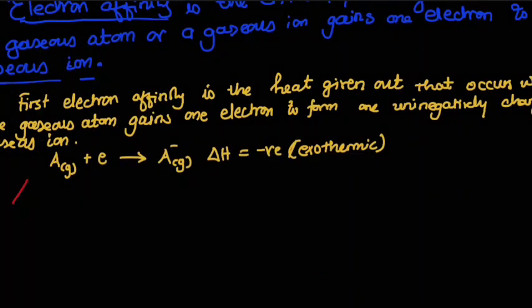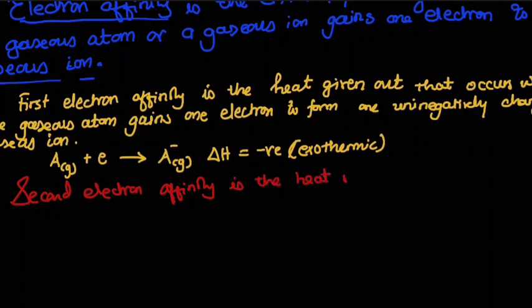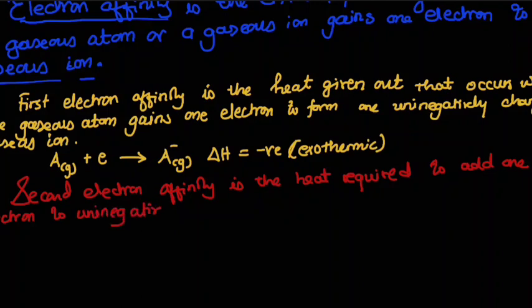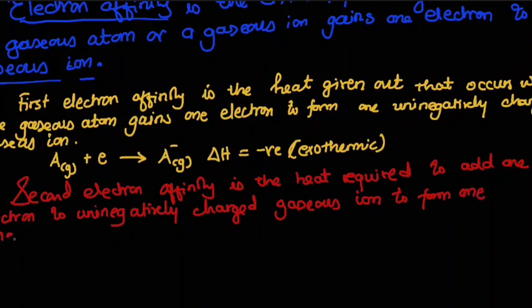Second electron affinity is the heat required, because you are going to be supplying it to the reaction, to add one electron to a uninegatively charged gaseous ion to form one bi-negatively charged gaseous ion.